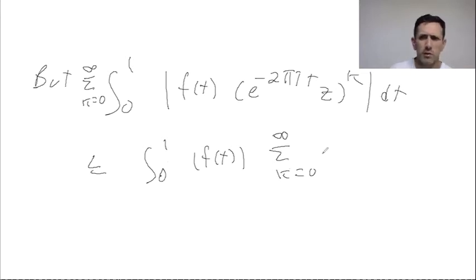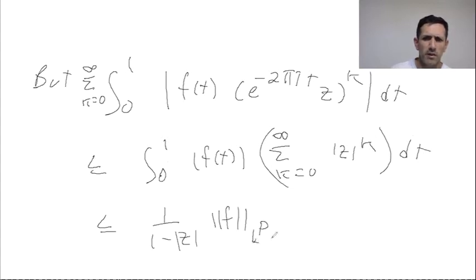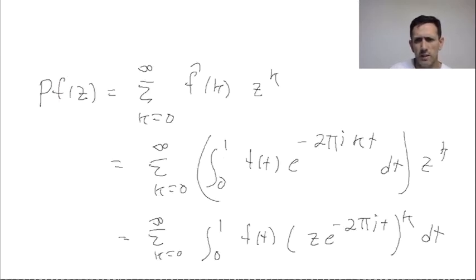Just monotone convergence theorem. So pull z to the k out. This is less than or equal to 1 over 1 minus modulus z times the Lp norm of f. And in particular, for fixed z, this is finite. So I can interchange sums and integrals by dominated convergence theorem.